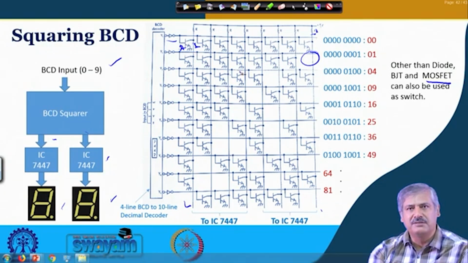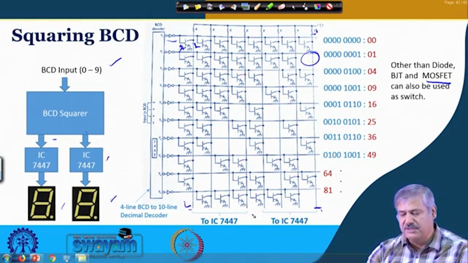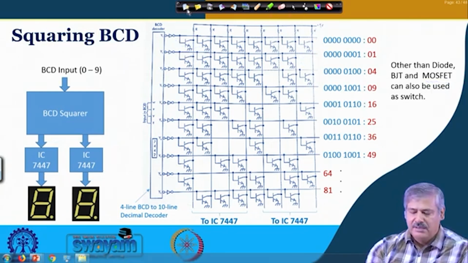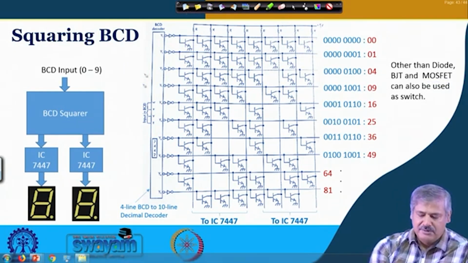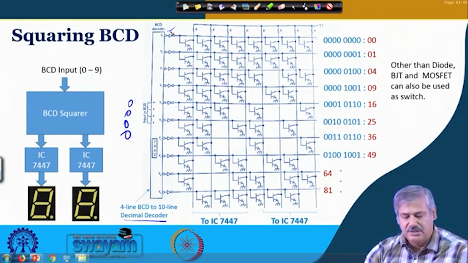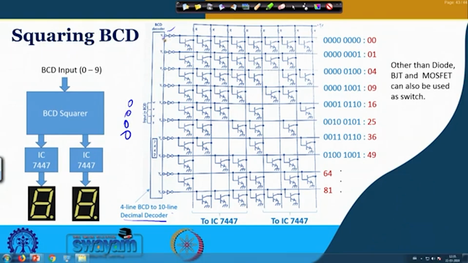How the circuit is working, how the current flows, and the voltage level coming over here at the outputs. Now, if you have understood that, then for the first one, the BCD input is say 0, 0, 0, 0. This is a 4 line BCD to 10 line decimal decoder, so this one will be activated for 0, 0, 0, 0, Y0 getting activated.